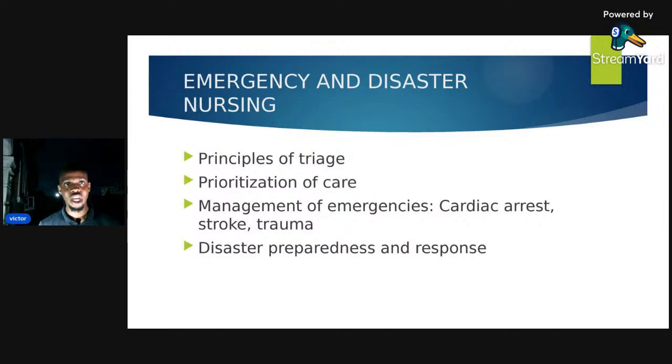Then for the C, that's the circulation: how blood moves from one body part to the other. If there is bleeding, the circulation would be affected. Or if there is shock, the circulation would be affected. For someone having shock, probably hypovolemic shock, the body system would direct blood flow to the major organs such as the heart, the brain, and the kidneys.